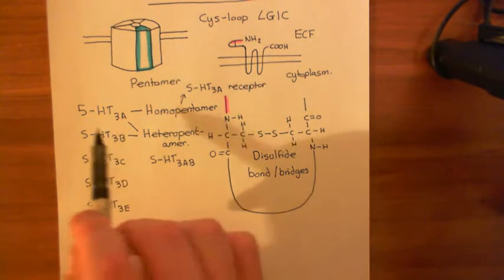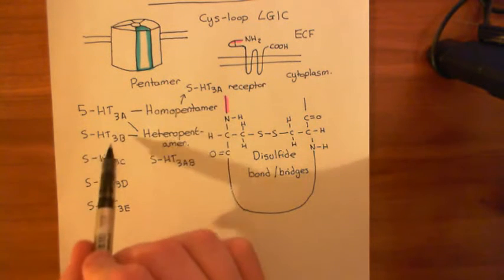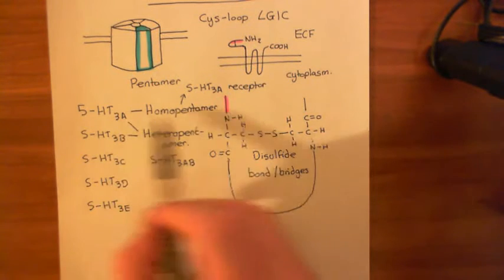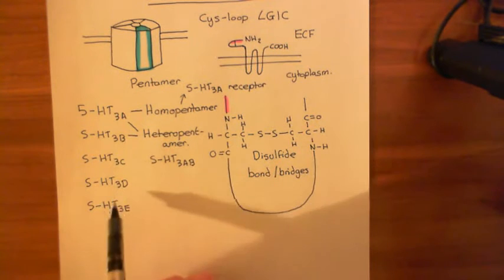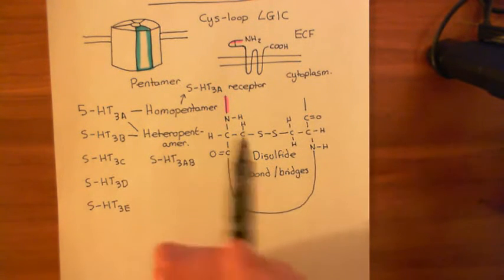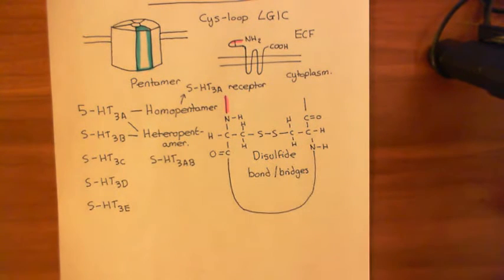So it seems as though it is utterly necessary to have the 5-HT3A in, and then you can mix it with these other 4 to make heteropentamers. So either you can make a homopentamer of 5-HT3A, or you can mix in one of the other 4. And the stoichiometry of how you mix it is not known. And these other heteropentamers, where you're using the 5-HT3C, 5-HT3D, 5-HT3E subunits, very little to nothing is known about them, and they're not thought to be that important.